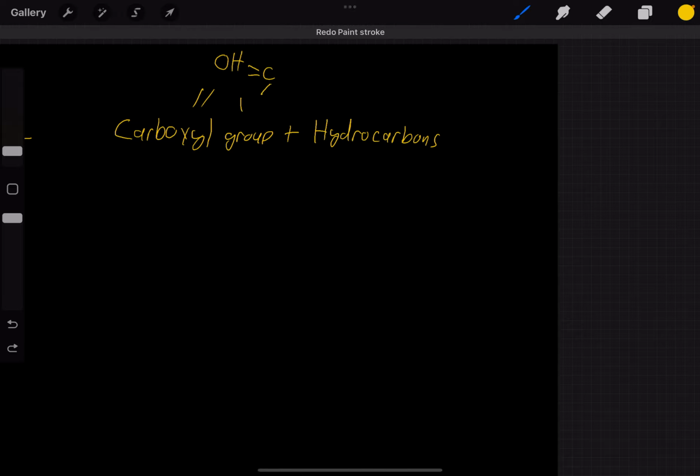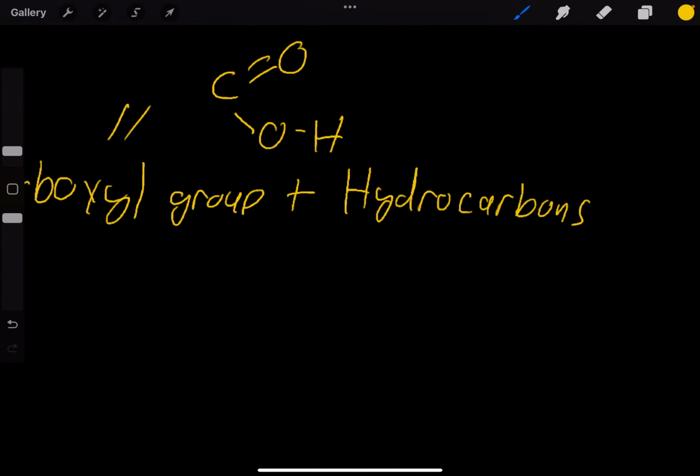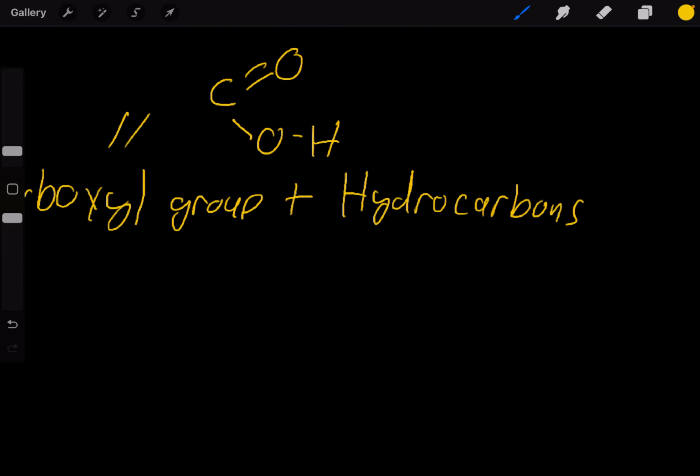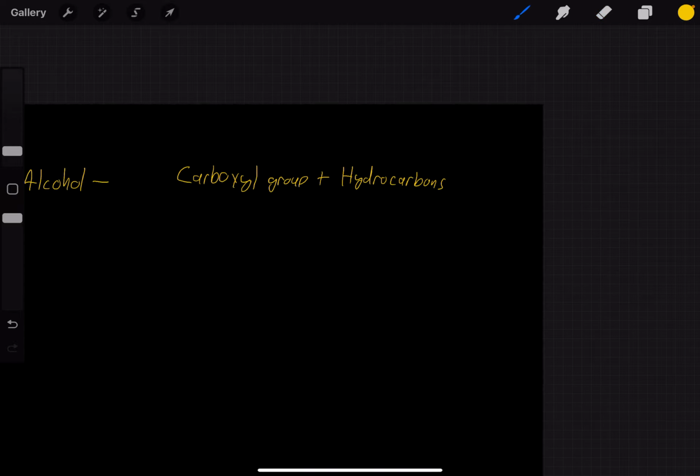Sorry, I had that wrong. It's actually a C double bonded to an O and a C to an O and an H. We can remember that as the hydroxyl group and the carbonyl group, and then you just combine it into one, which makes the carboxyl group. And then hydrocarbons are again hydrogens and carbons, and that would make a fatty acid.